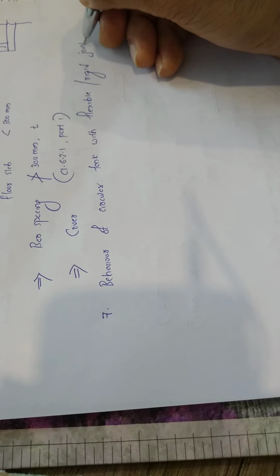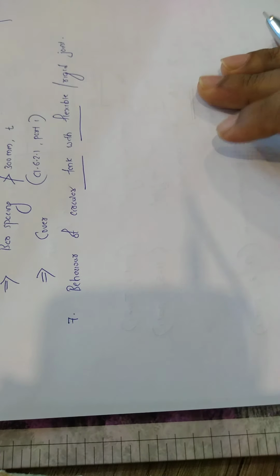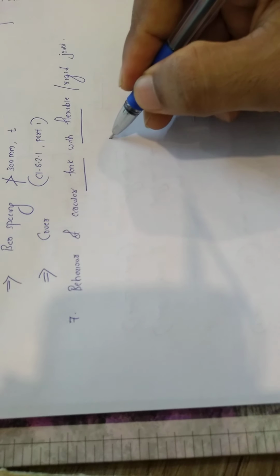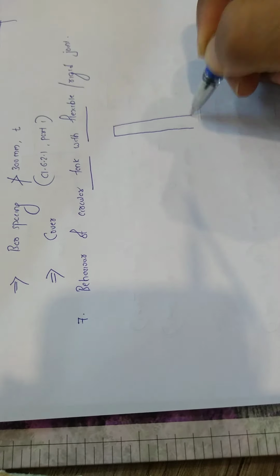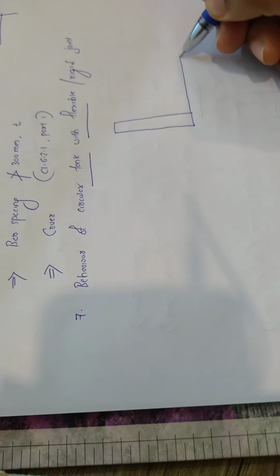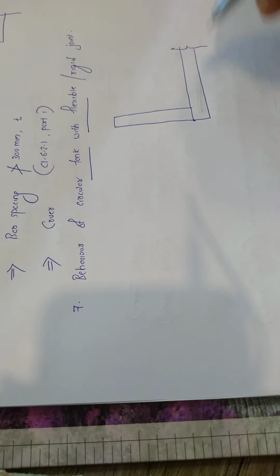How is the circular tank behaving when the joint between the wall and the floor is flexible or rigid.